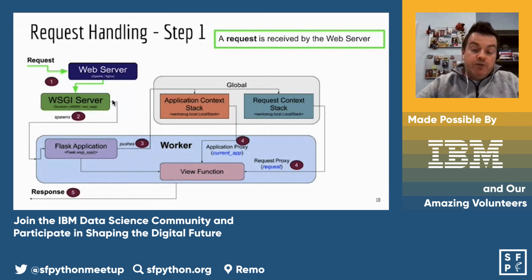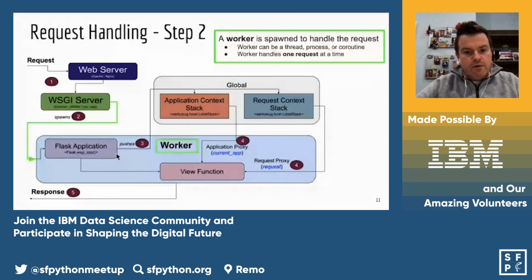For example, if you're running with the Flask development server in its default configuration, then the worker would be a thread. But for the purpose of this discussion, the actual type of the worker doesn't really matter. The key thing to take note of here is that this worker is going to be handling a single request. So it's just handling one request at a time.